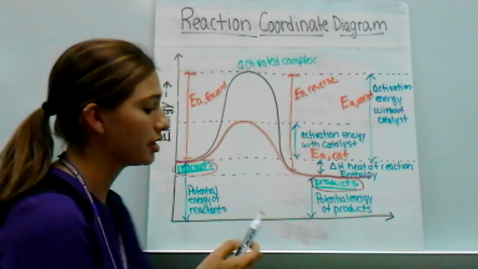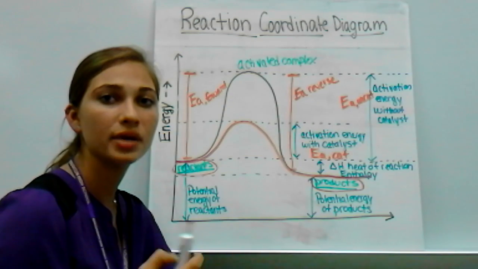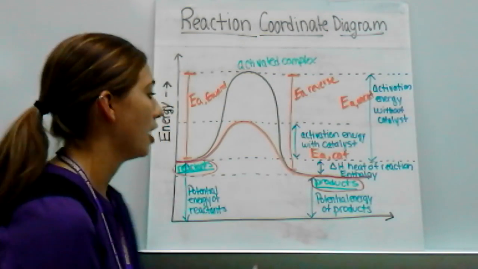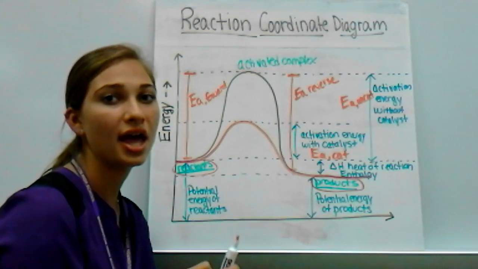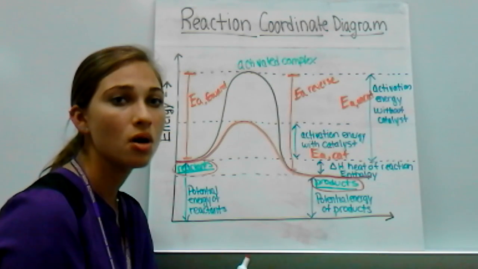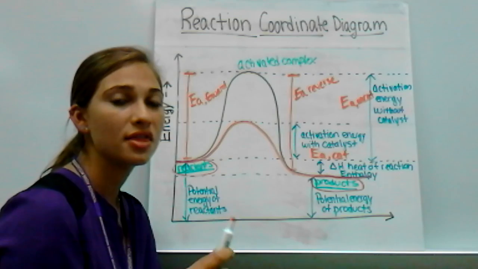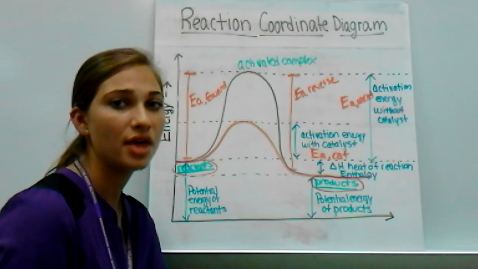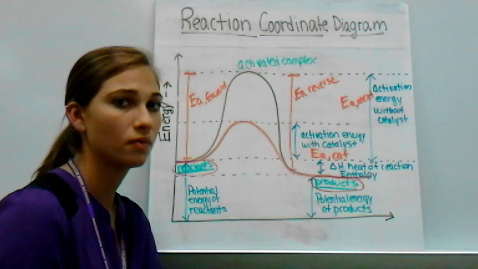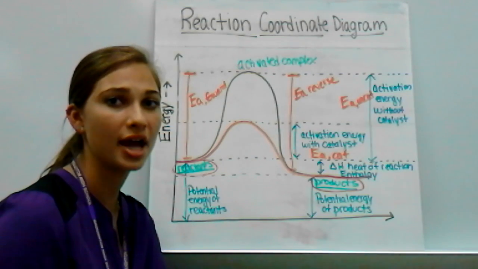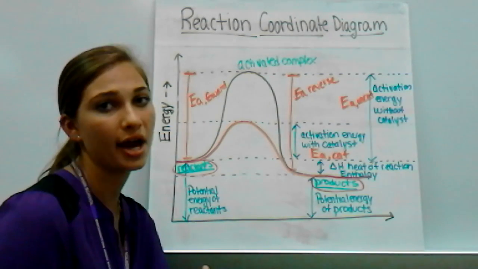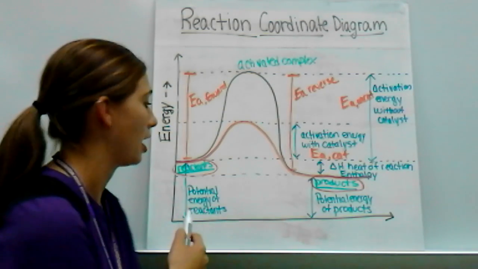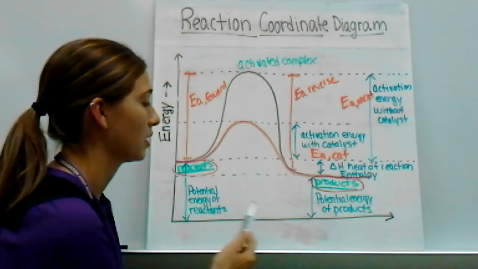All right, another thing that we have to talk about is exothermic and endothermic. I know I've already talked about both of these words. Okay, so when we're talking about an endothermic reaction, we are talking about a reaction where the products have more energy than the reactants did. When we're talking about an exothermic reaction, we're talking about a reaction where the products have less energy than the reactants did.